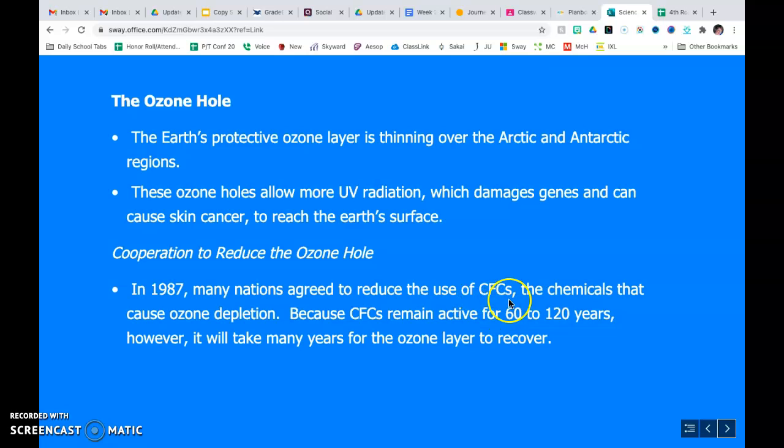An example of these chemicals would be what was found in hairspray, and they have since changed that chemical makeup to where it doesn't have as many of these harmful CFCs that cause this pollution to occur and the ozone layer to be depleted.